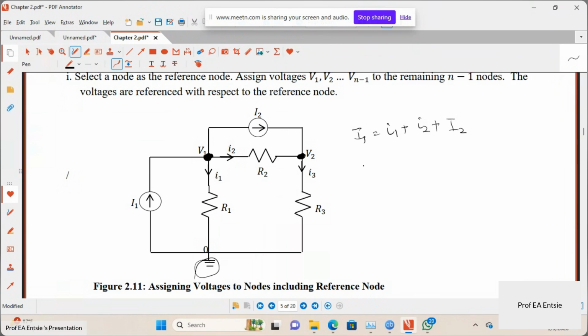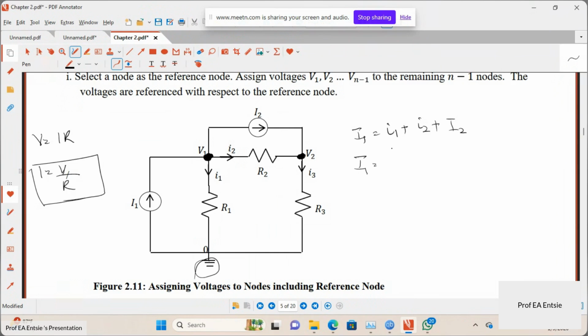With this, I1 is known because that is a current source, so they will give you the amount of current. To find the other currents, we know that V is equal to IR, so I is equal to V over what? R, voltage over resistance.